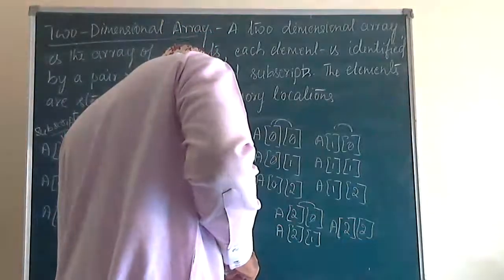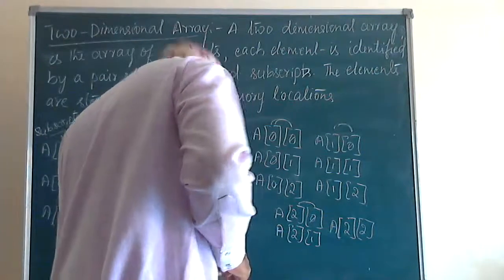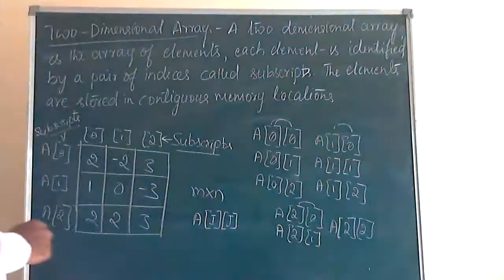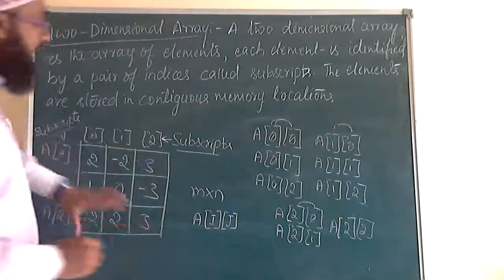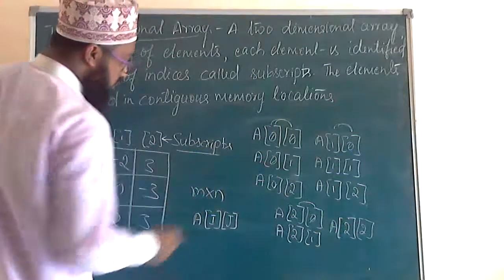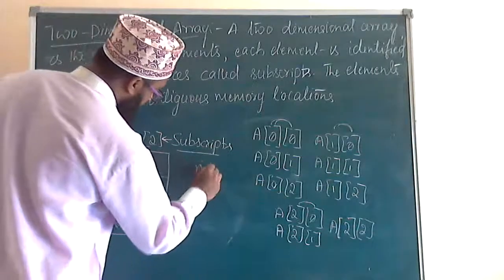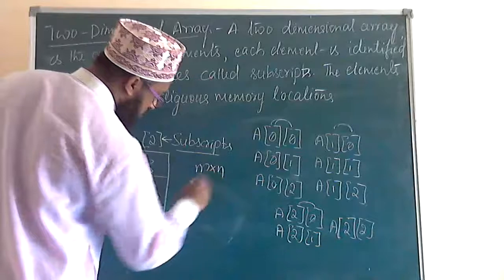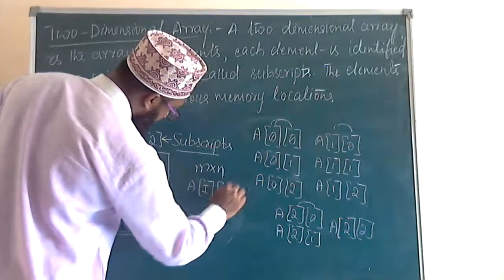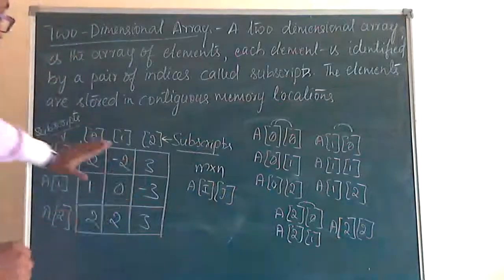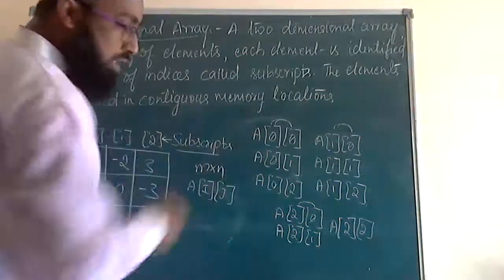After that, the number of rows and columns of an array is called the order. The rows into columns, m into n, can be represented as a of i, j. Every matrix is represented by rows into columns.